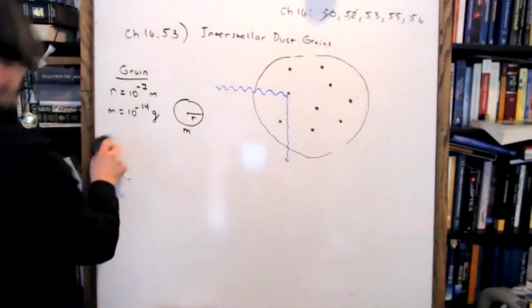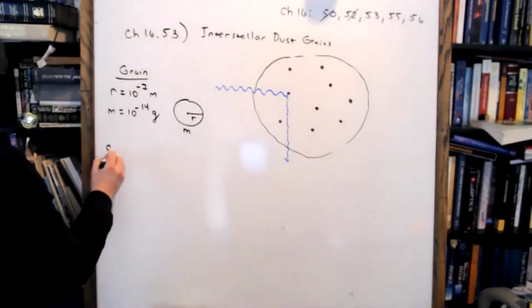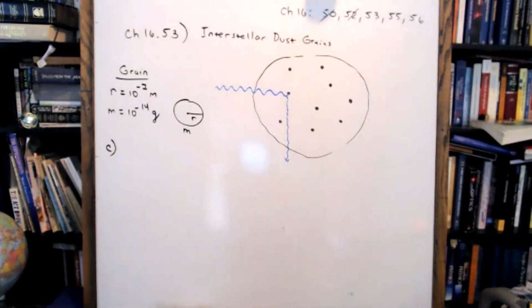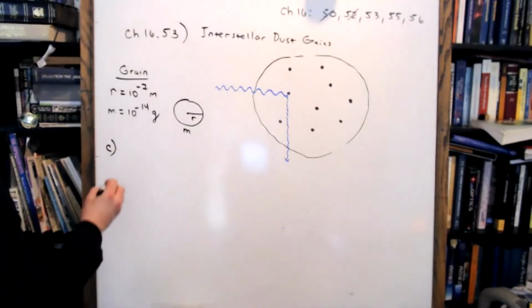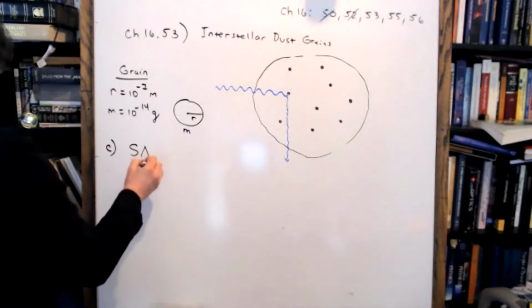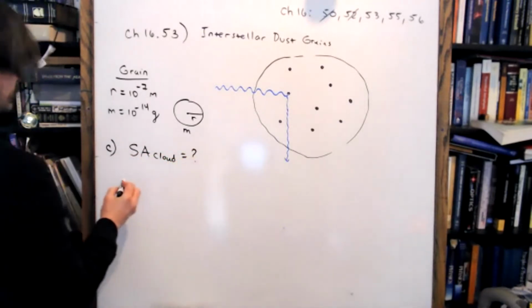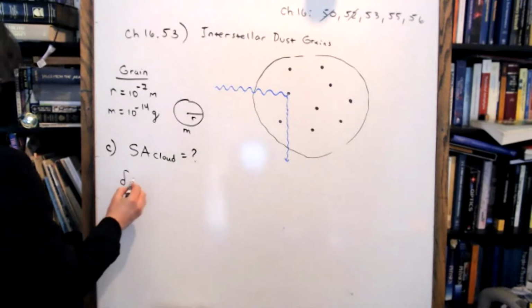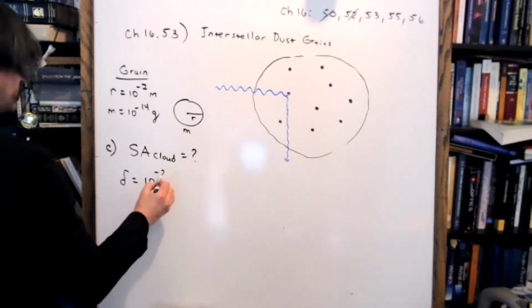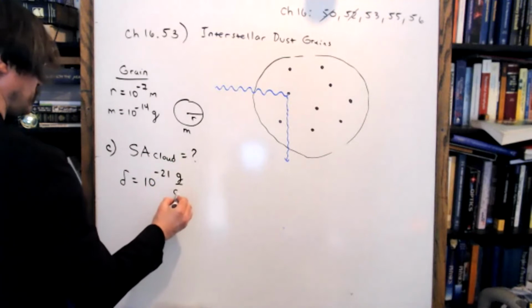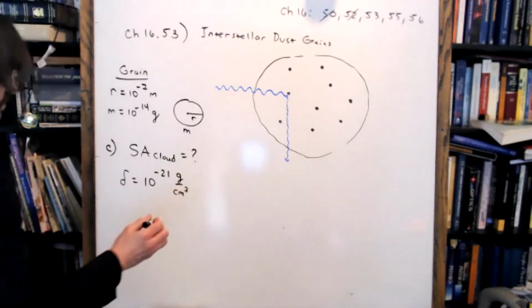Okay, what's part C ask? Estimate the total surface area the cloud covers, assuming that its matter density is like that of a typical molecular cloud, about 10 to the negative 21st grams per centimeter cubed, my bad.